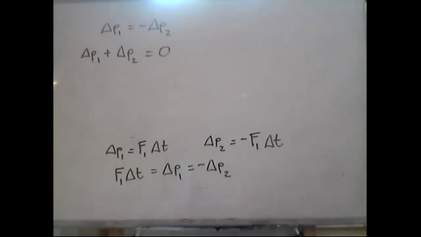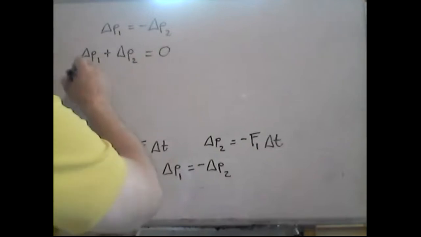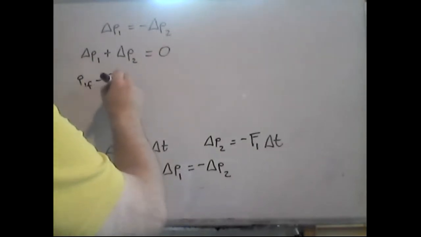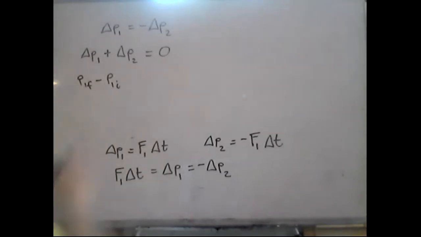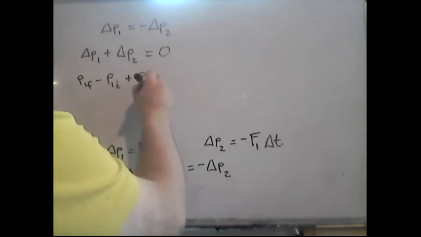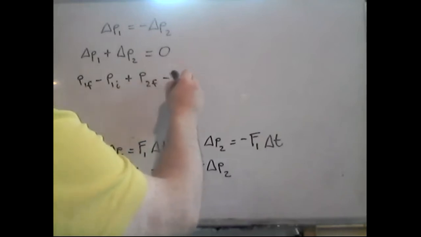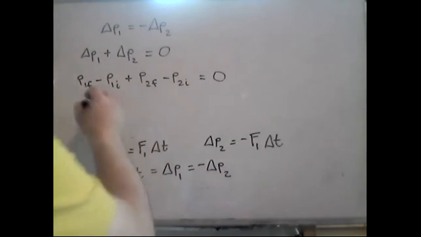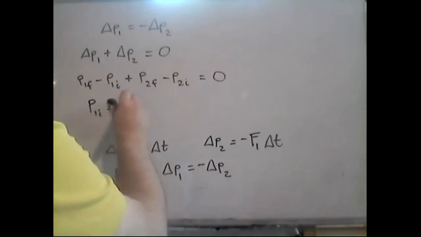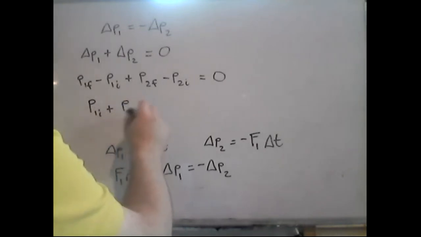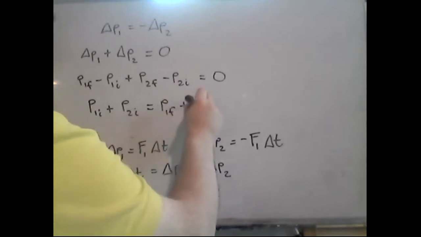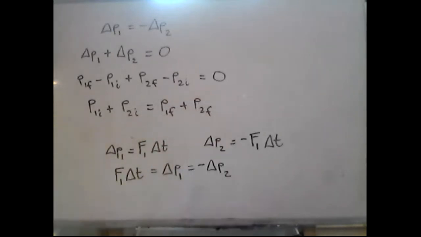And let's see here. What's delta P1? Oh, that's right. That's P1F minus P1I. What's delta P2? P2F minus P2I equals 0. I can rearrange, and what I get is P1I plus P2I is equal to P1F plus P2F.